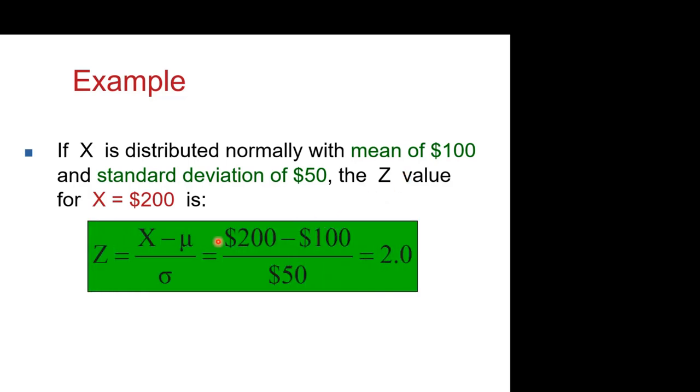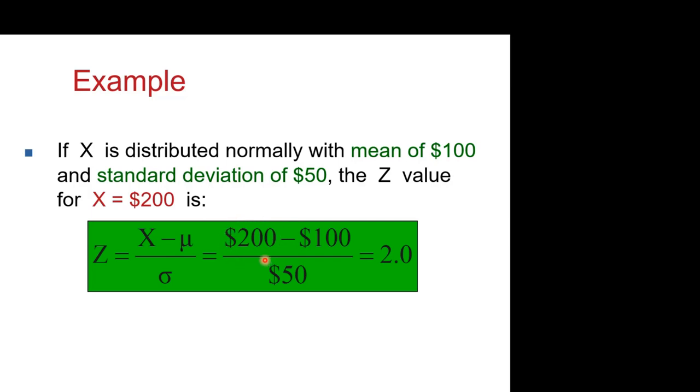In order to do that, we can use the formula we looked at just now: z equals x minus mu, divided by the standard deviation. We know from the question that the mean of x is 100 and its standard deviation is 50. So we would like to know what is the z value of x equals 200.